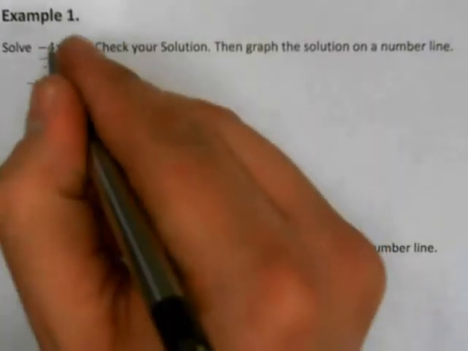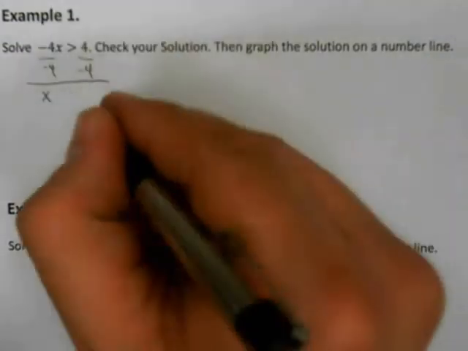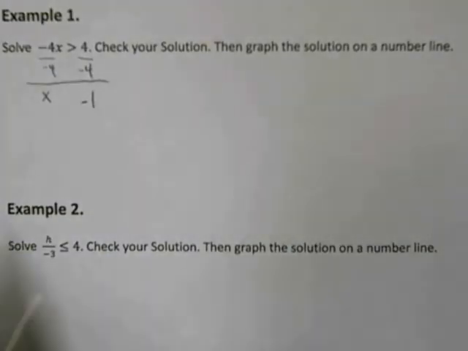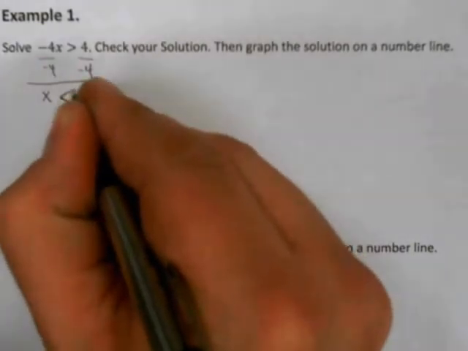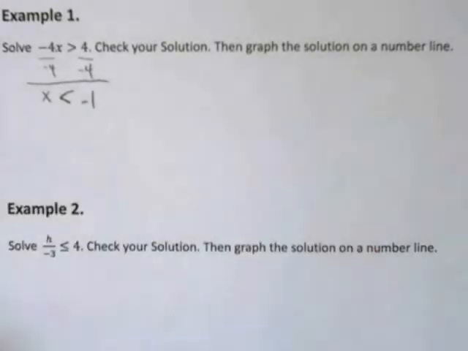And when we do that, we're going to get x, and on this side, we're going to get negative 1. But here's the big difference. When you divide or multiply, only if you're dividing or multiplying by a negative number, you have to switch the sign. This was greater than, now it is x is less than negative 1.